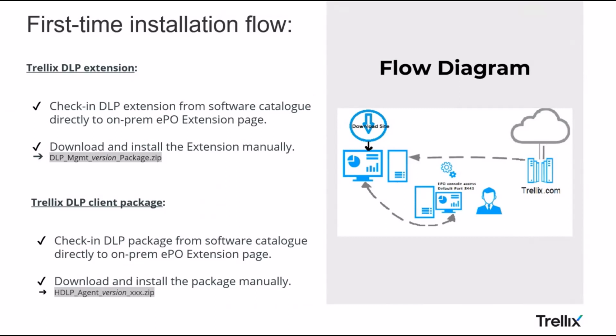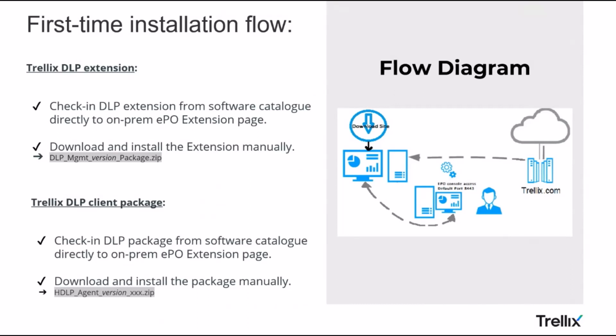Trellix Data Loss Prevention is a suite of products deployable and manageable through Trellix on-premises ePolicy Orchestrator, which enables sharing of common policies and provides incident and case management for network and endpoint data loss prevention products.